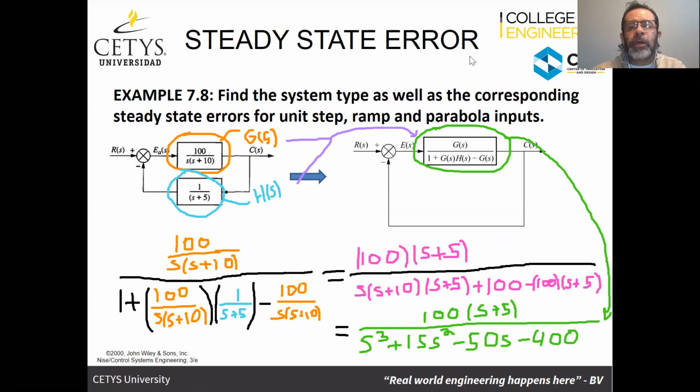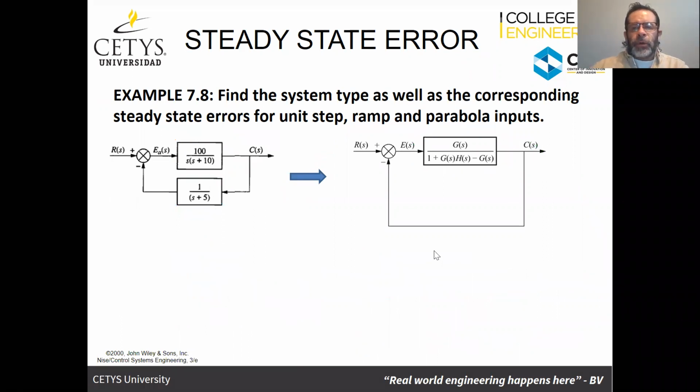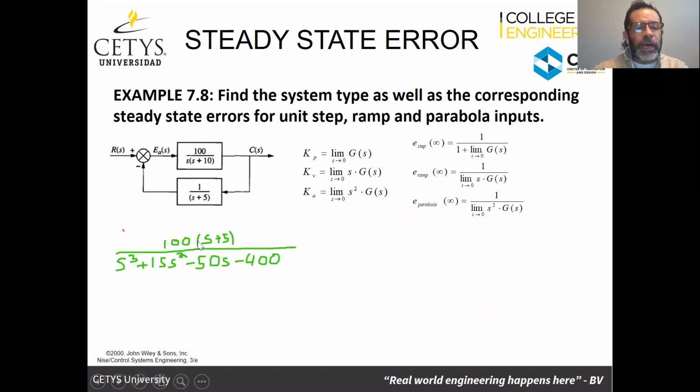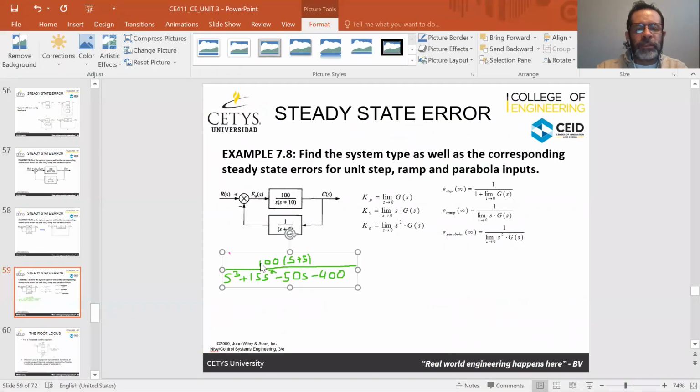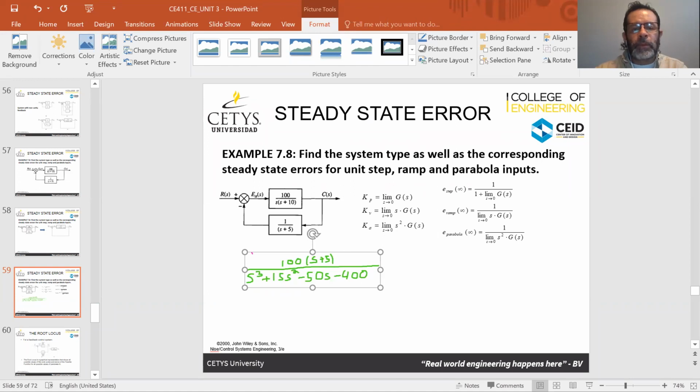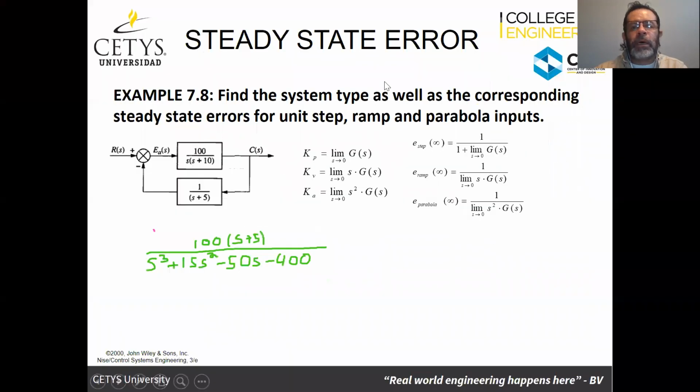So I'm going to erase this one here. Questions with this one before we move on? I think the calculations are correct. I hope I didn't mess something up. So now we've got the new transfer function here. Let's just remember that this is equivalent to having now this.